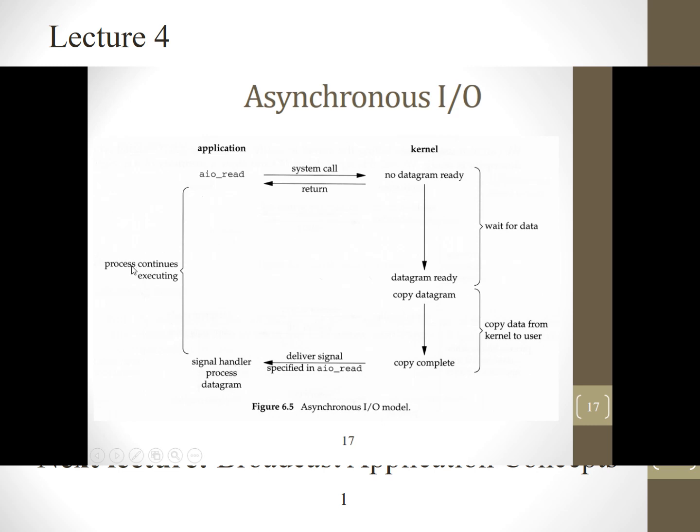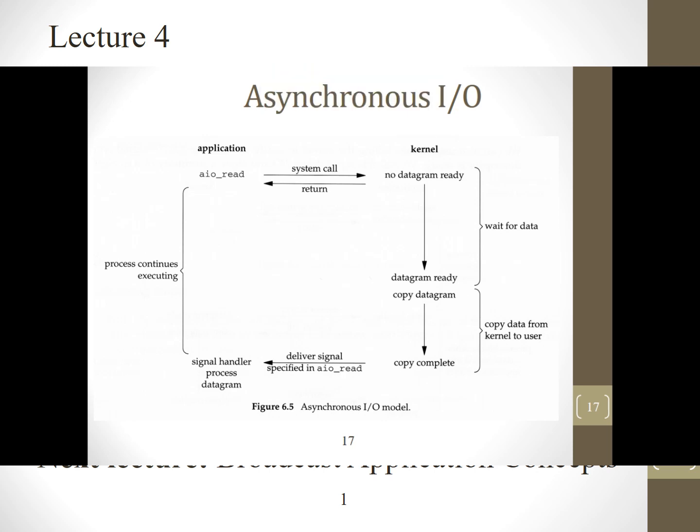So the process continues executing from the beginning till the end. So again, in simple words, with asynchronous I/O the kernel informs the application only when the whole operation is completed. This is quite simple.